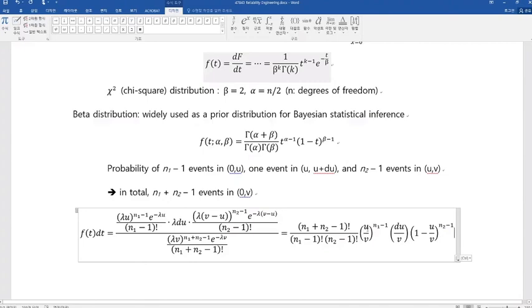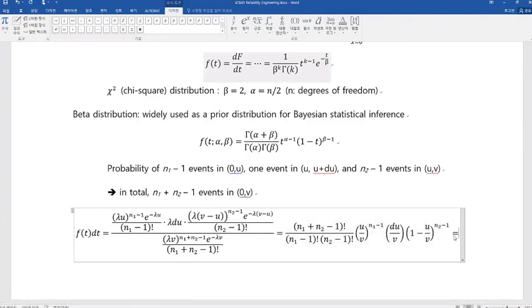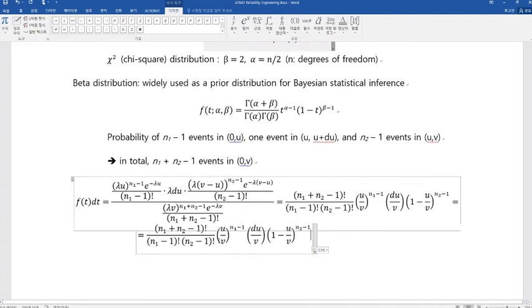Okay. So if we change u over v as t, I hope you recognize that if we change this as t to the n1 minus 1, and this will be changed as dt, and this one will also be changed as t.